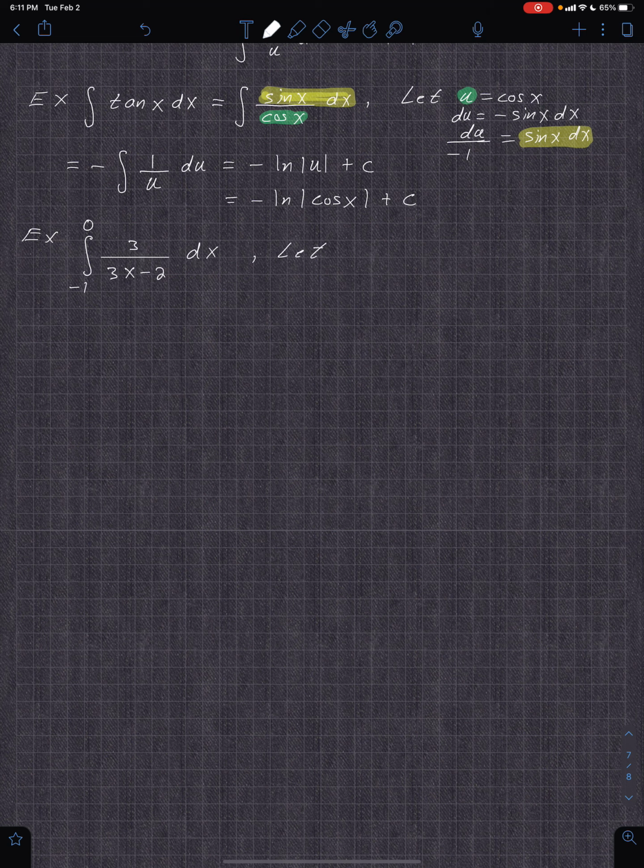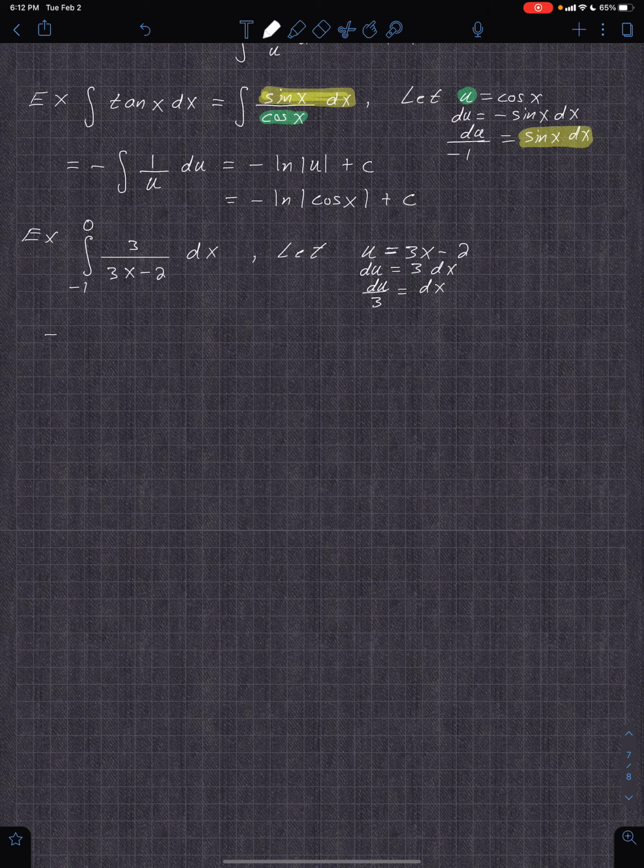So we're going to let u equal that 3x minus 2, and so your du is 3 dx, or du over 3 is equal to the dx. So we replace the dx over here with du over 3, and then you'll see those 3's will cancel. So it works out pretty slick.